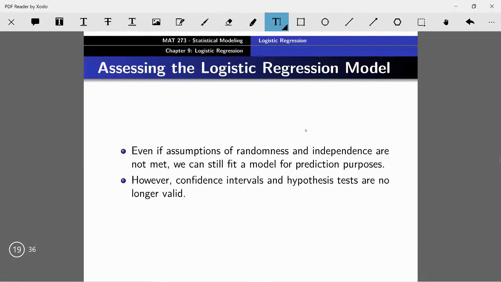If days in the same week are always very similar to each other, then 7 days is really only like one data point. So we have a smaller amount of information than it may seem. And so with more dependencies in the data, these hypothesis tests and confidence intervals will be more confident than they should be. They'll be too confident. Okay, so that's where the issues come from. But in terms of obtaining estimates and predicted values, we can still just fit these models if we want to.